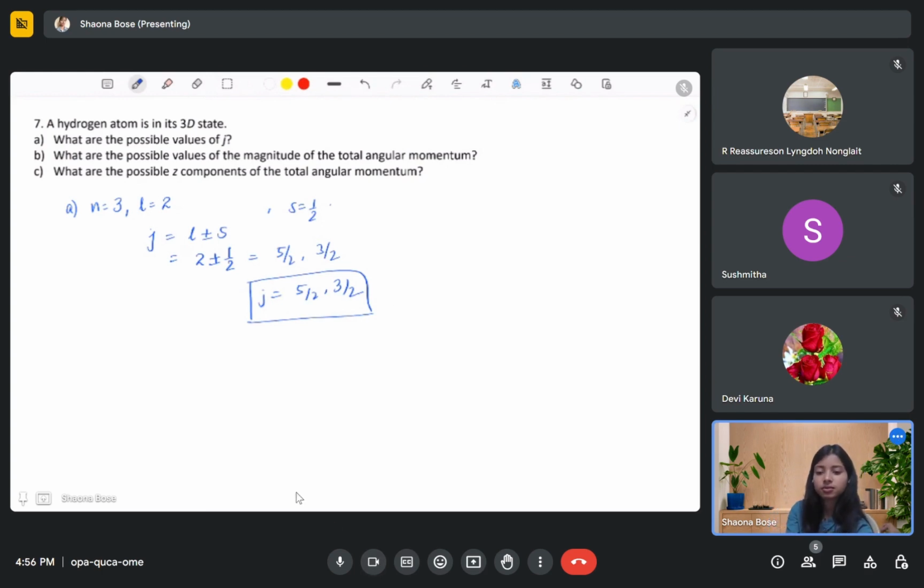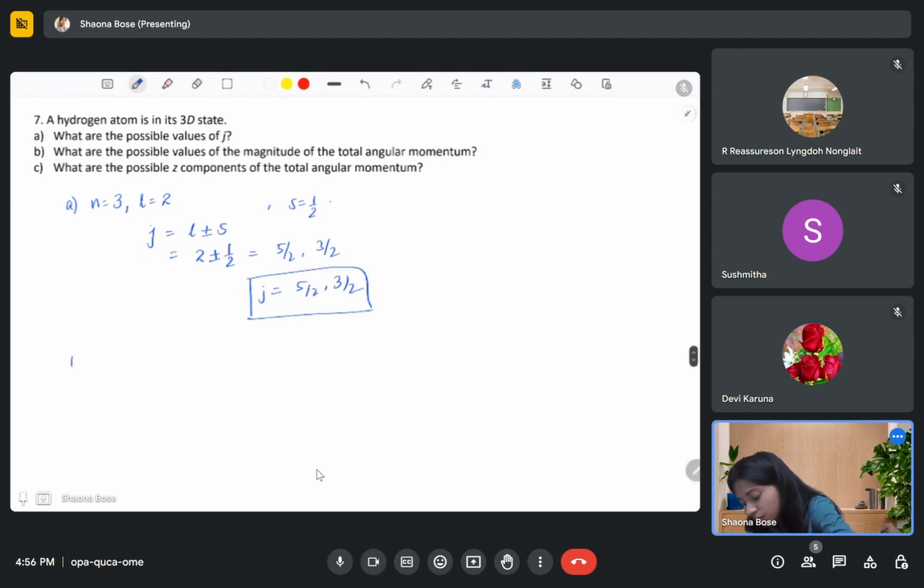Okay, now what are the possible values of the magnitude of the total angular momentum? What will be this? You know that the magnitude is given by square root of J into J plus 1, times h cut.